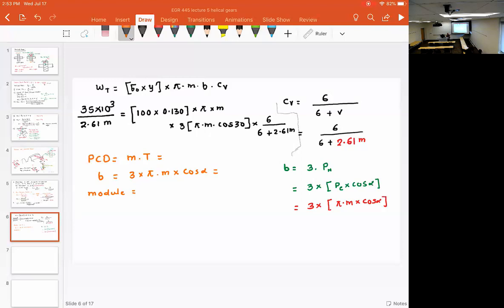Why did I write B is equal to 3 times Pn? Because that is what is given in the problem. The face width may be taken as 3 times the normal pitch. And what is normal pitch? Normal pitch is the circular pitch times cosine alpha.